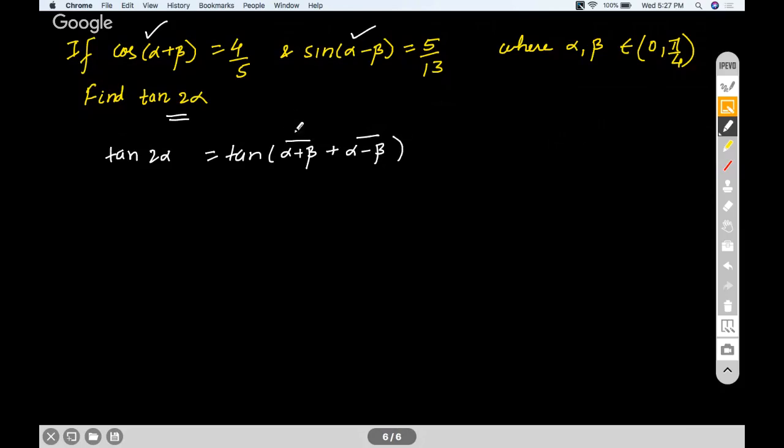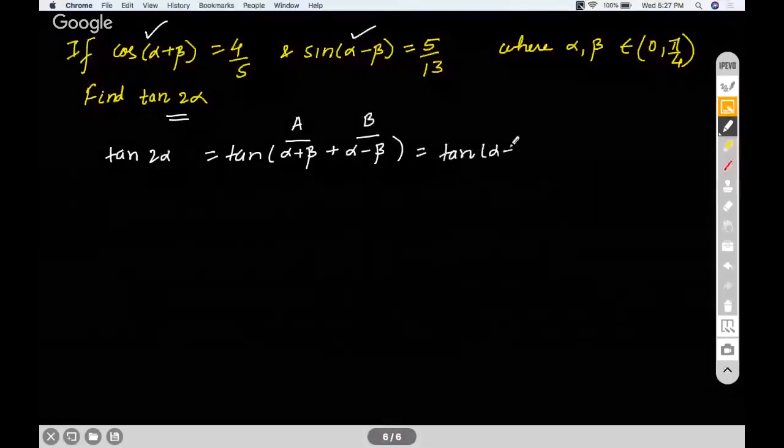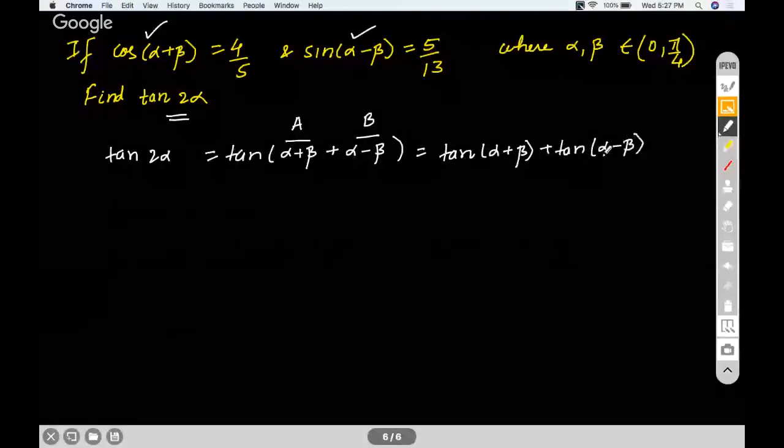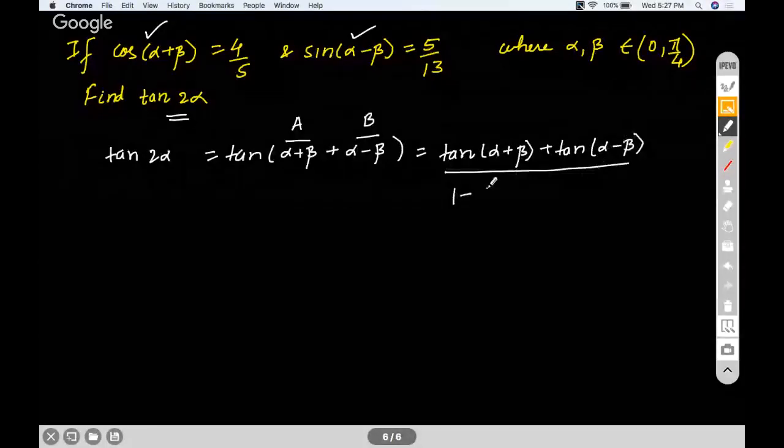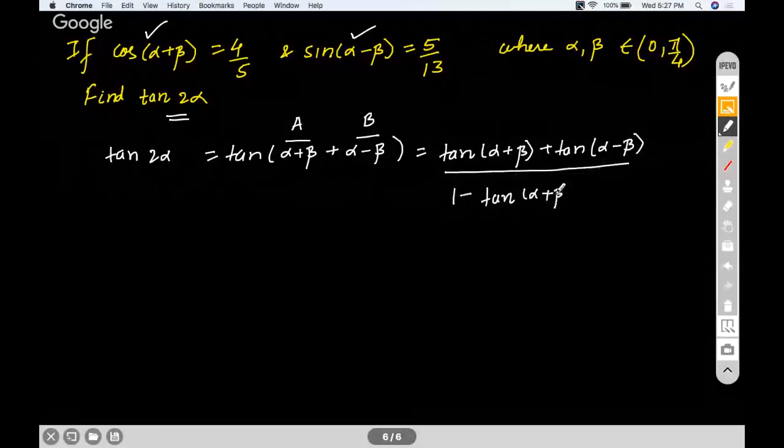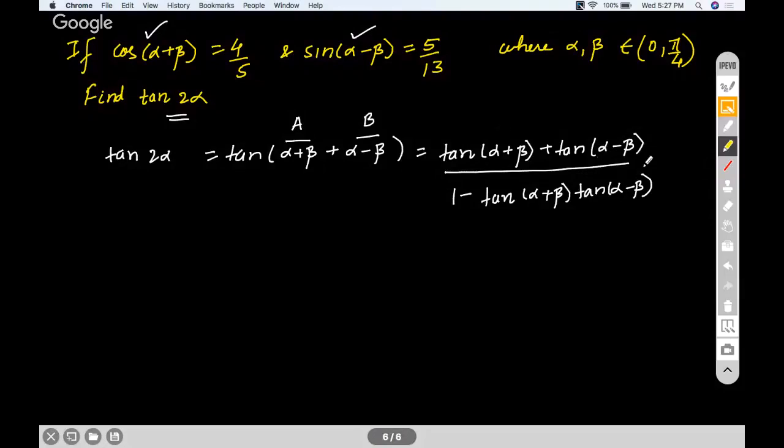Now treat this as your A angle, treat this as your B angle, so which falls into the formula of tan A plus B, which you can write as tan A plus tan B by 1 minus tan A tan B. Correct? But even to find this, we need the value of tan alpha plus beta and tan alpha minus beta.